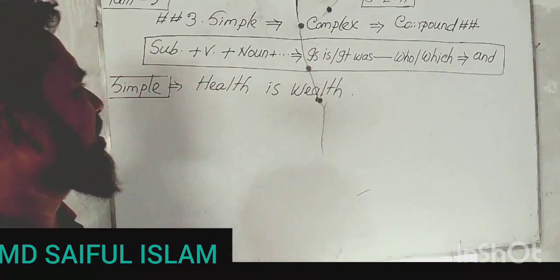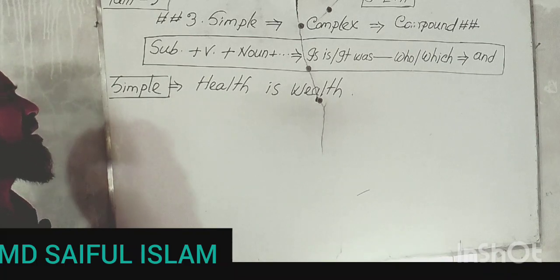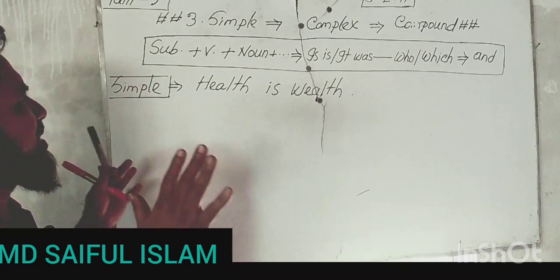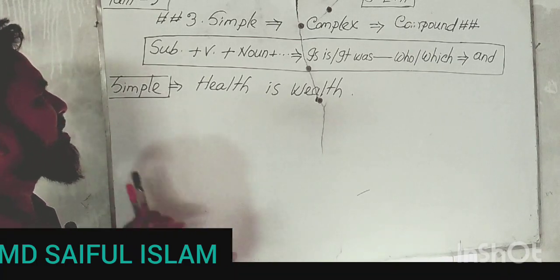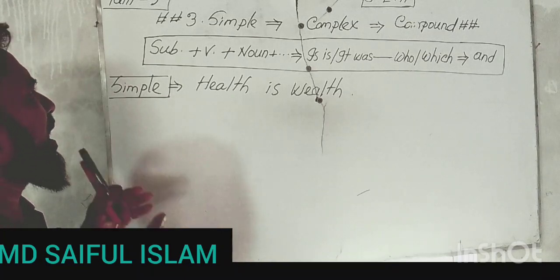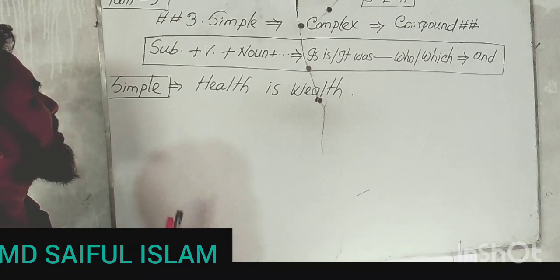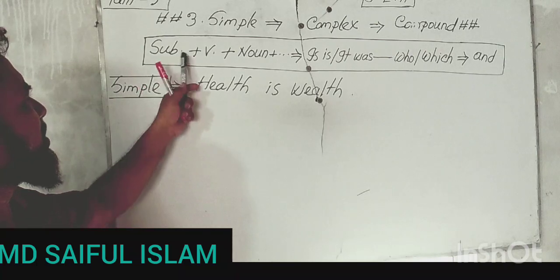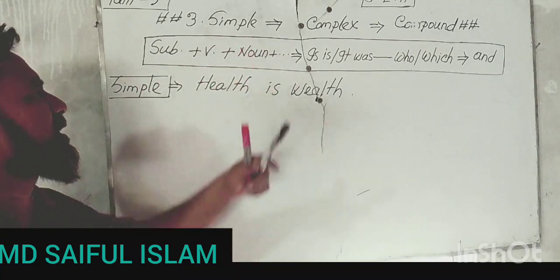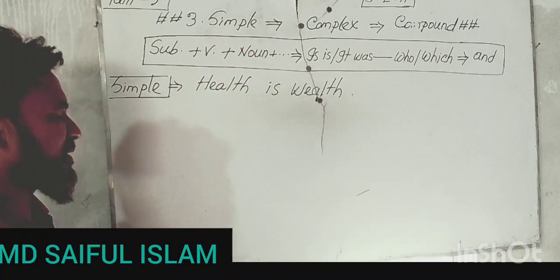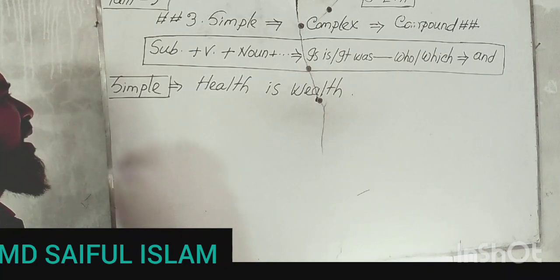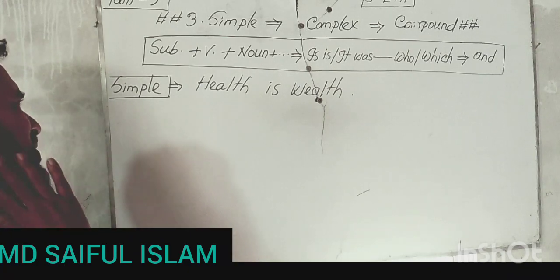So in today's class, I am trying to discuss some topics and rules: how you can convert sentences, especially those with such a structure of simple sentence, into complex or compound sentences. So viewers, look at the board and try to understand.